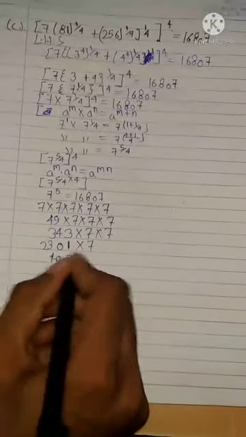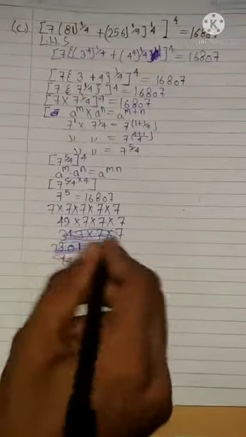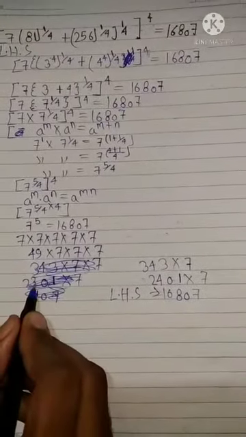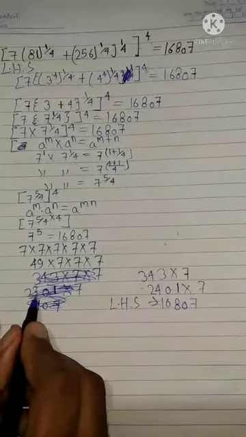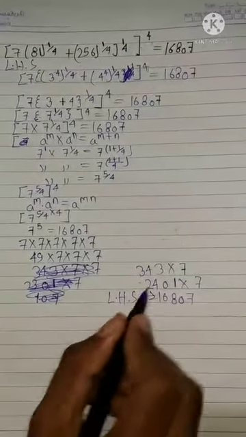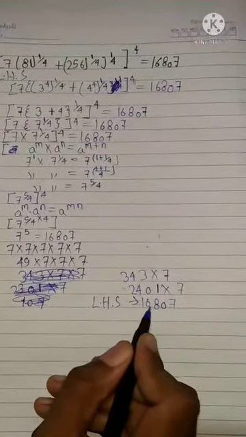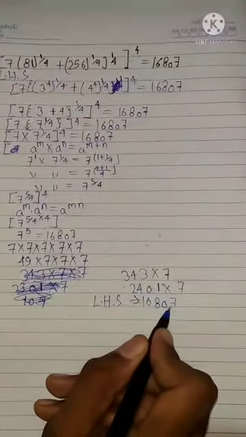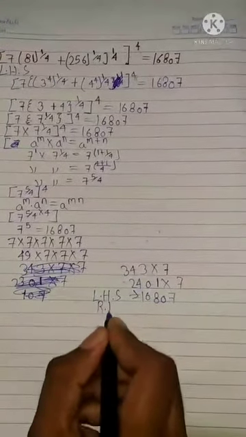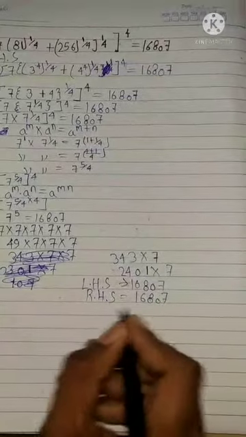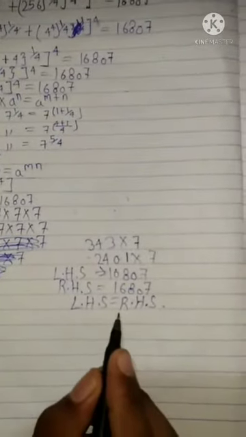Sorry, friends, there was only a digit changed. I had written 2301, but it is 2401 into 7. Then the answer: left hand side is 16,807 and right hand side is also given 16,807. Then by this LHS equals RHS.